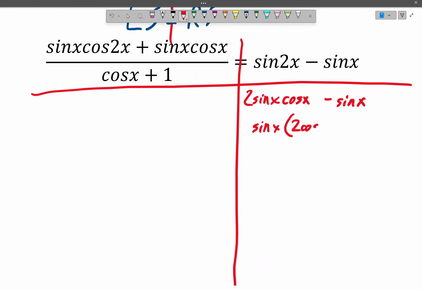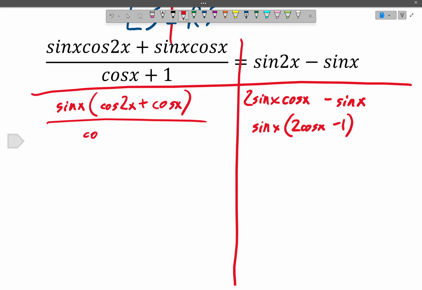And so we get 2 cos x minus 1 inside the brackets. On the left side, we can take out a greatest common factor of sine x. And we can make it cos 2x plus cos x. On the denominator, it's cos x plus 1.